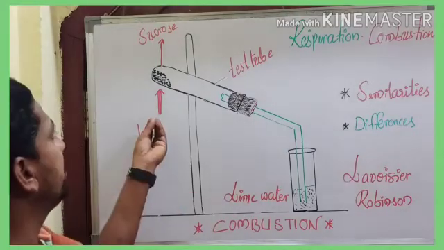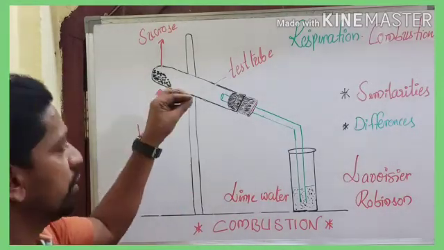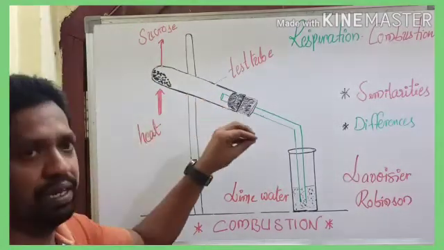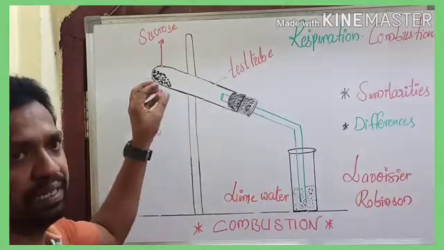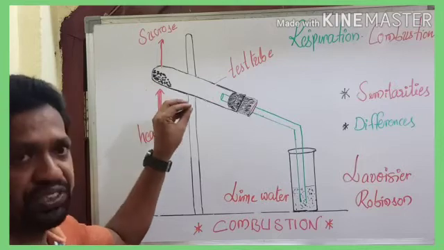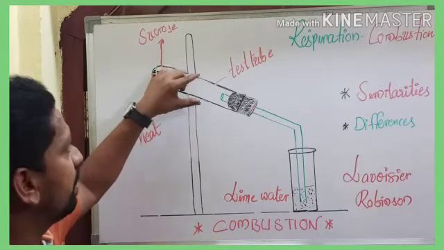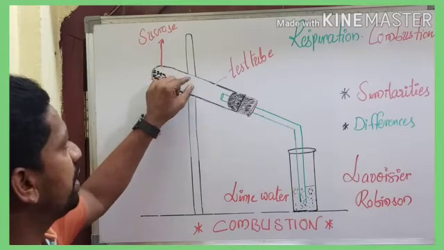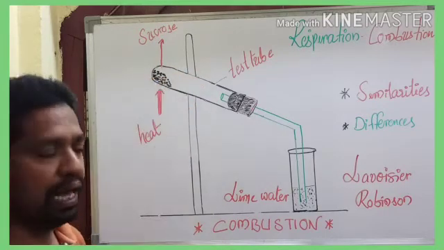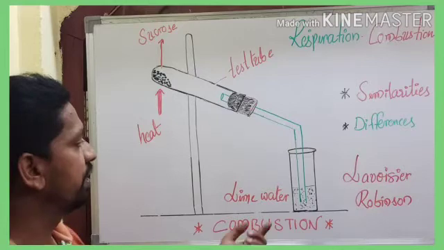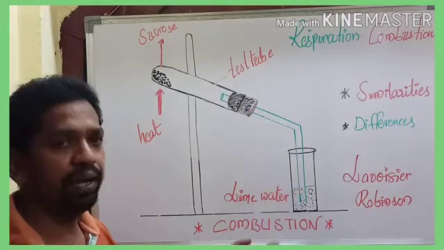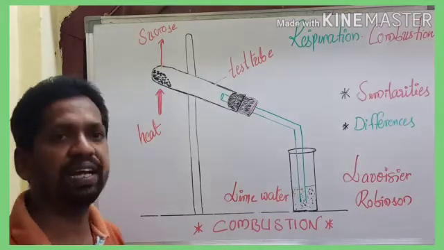When we heat the sugar, it converts into liquid form, then blackish in color, then it fires and generates some heat, and some water molecules are formed. We can see droplets through the glass. And the upper layer of the lime water changed into milky white.